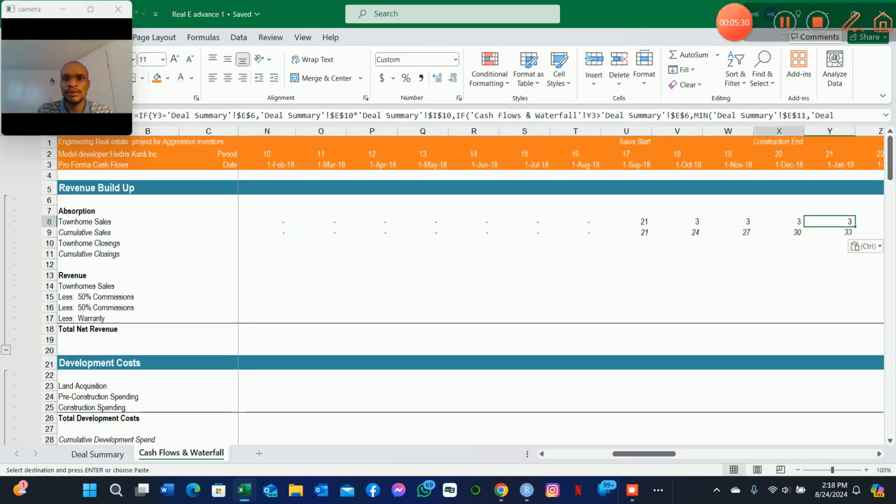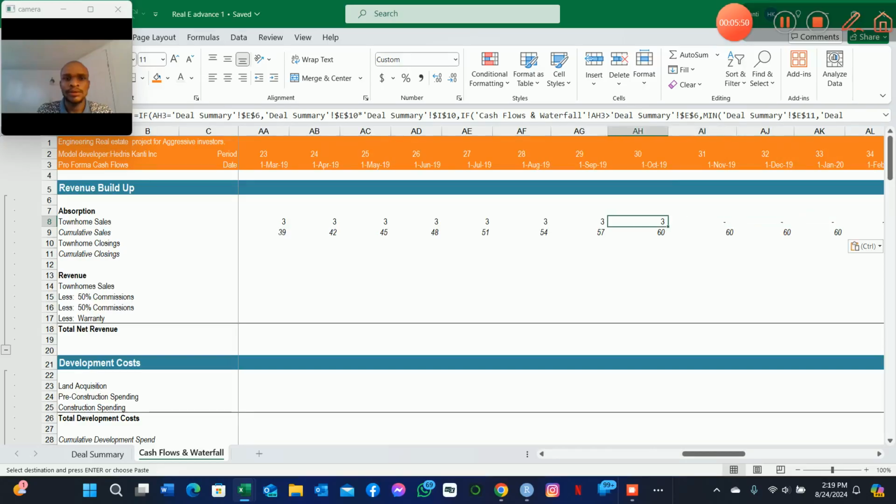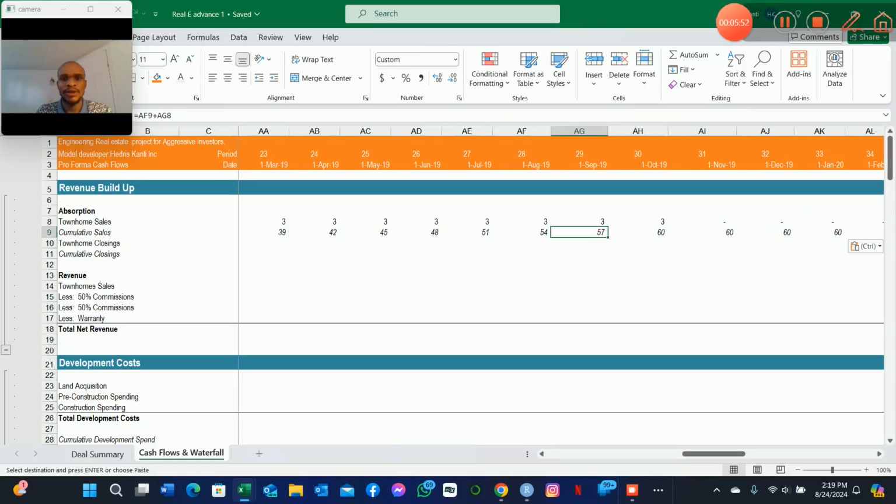On the first date, the date at which sales start, we sell 21 units. And after that date, it's going to be the minimum of the units per month, which is 3, or the difference between the total number of units and the cumulative sales.